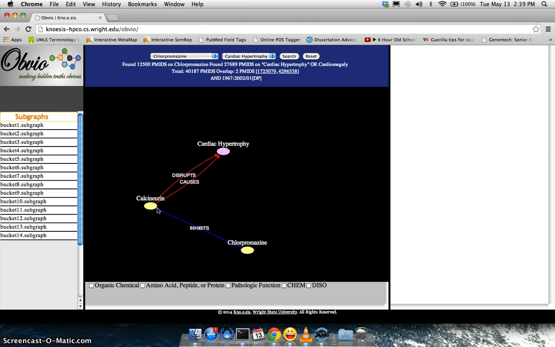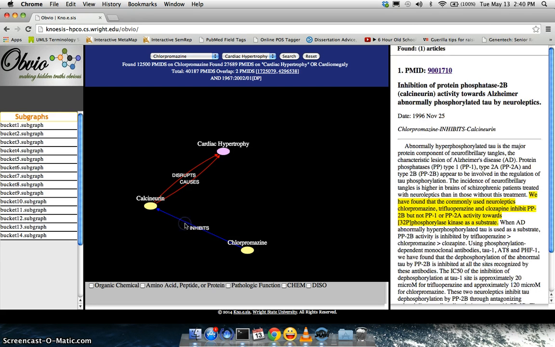For example, the lone article from which the semantic predication chlorpromazine inhibits calcineurin was extracted reads as follows. We have found that the commonly used neuroleptics chlorpromazine, trifluperazine, and clozapine inhibit PP2B, which is in fact calcineurin.